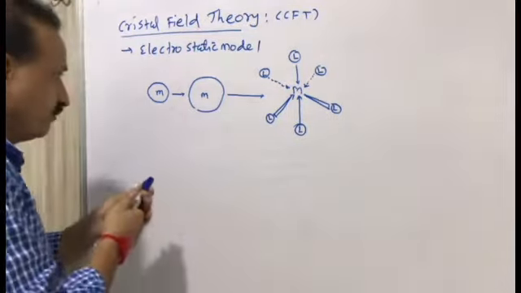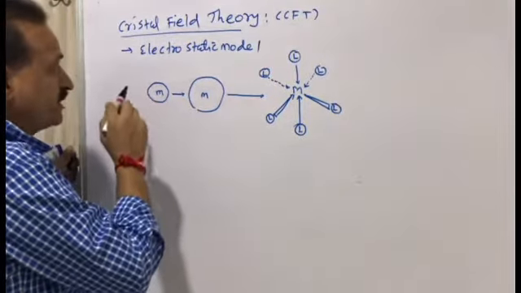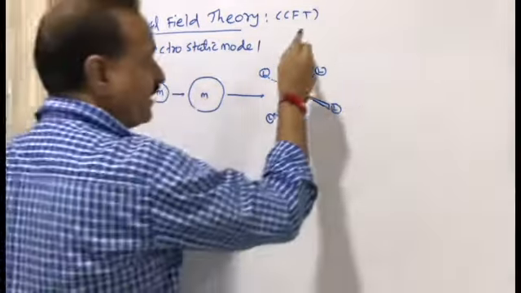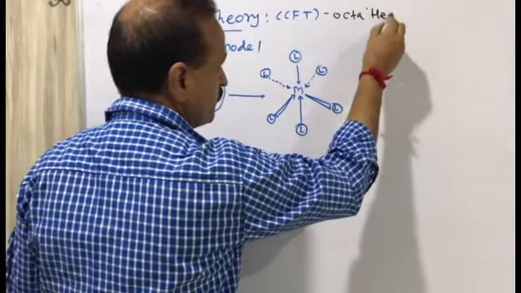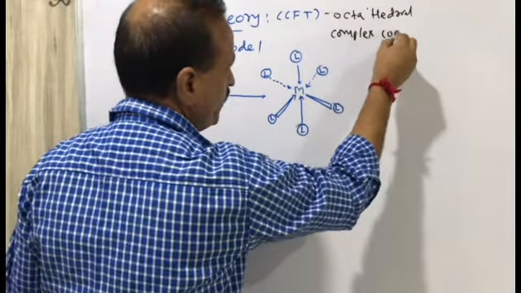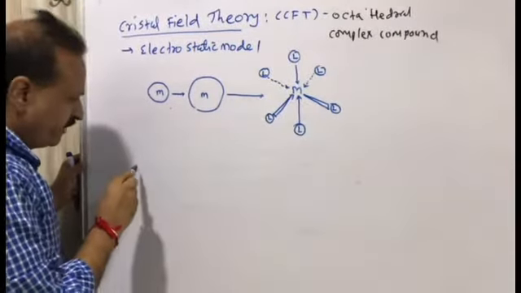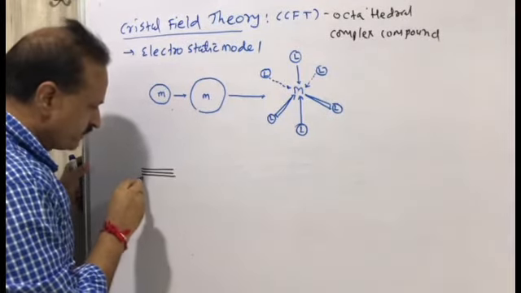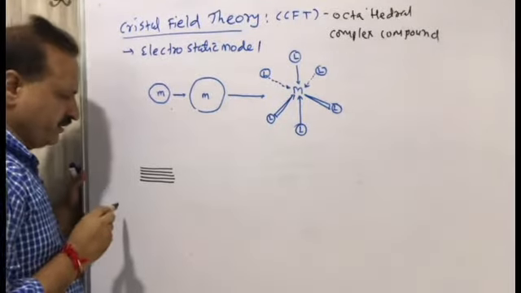Now we are going to discuss the new explanation related to crystal field splitting in octahedral complex compounds. We have all 5 d orbitals like this, with the same energy level.